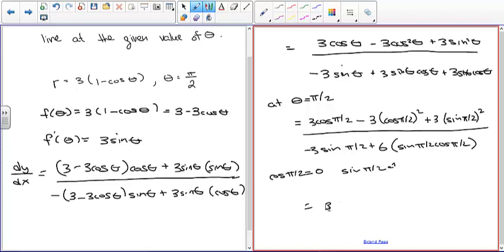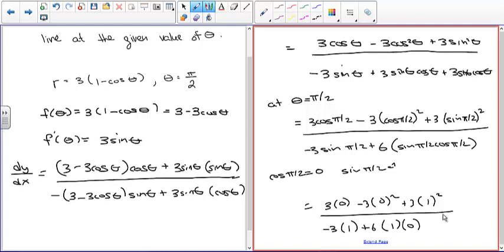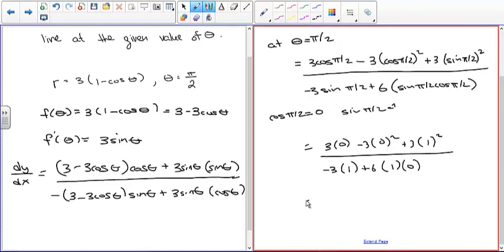So we'll get 3 times 0 minus 3 times 0 squared plus 3 times 1 squared, divided by negative 3 times 1 plus 6 times 1 times 0. And you see everything drops out. These all go to 0. So you just end up with 3 divided by negative 3, which is negative 1.